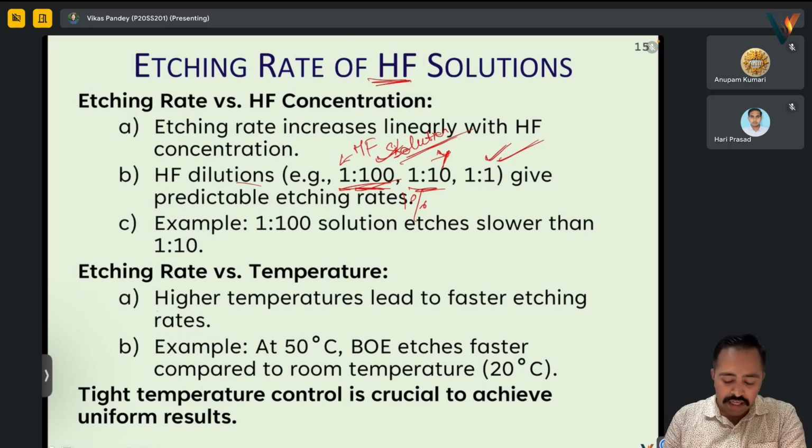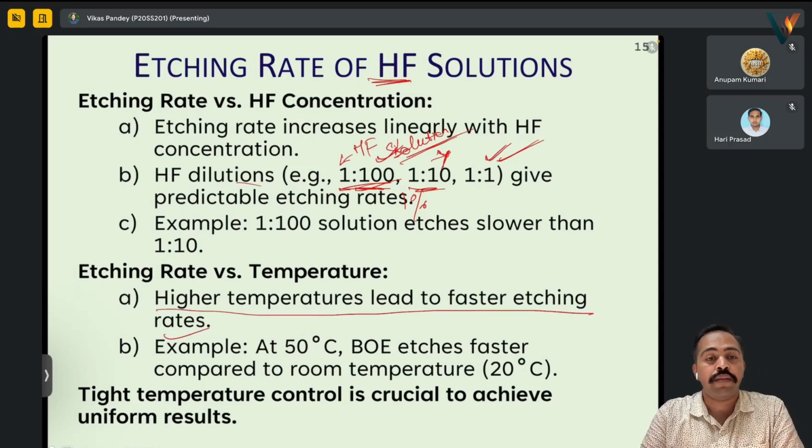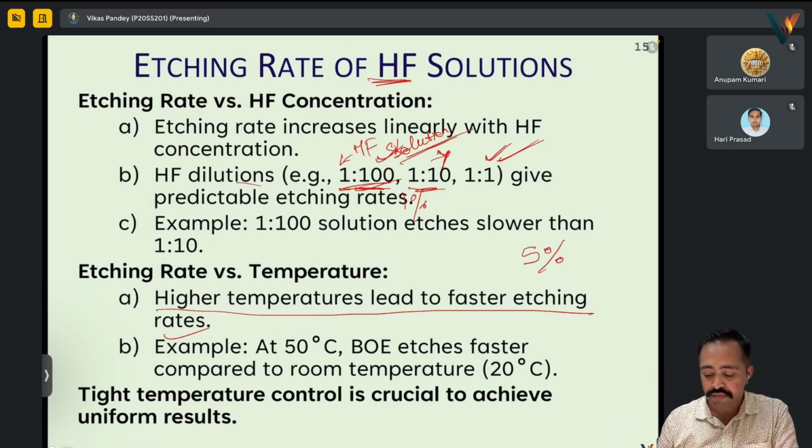Second, a higher temperature leads to a faster etching rate. One example that happened is that we once made a 5% HF solution and we were etching some features. One of our labmates was not able to wait so long, so he increased the temperature a bit.